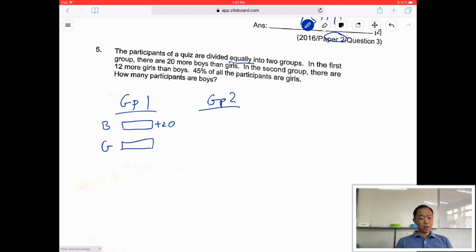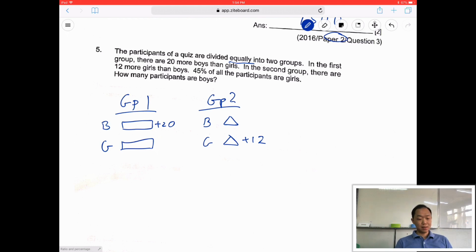Second group, there are 12 more girls than boys. So girls and boys, 12 more girls than boys. So let's use triangle. Boys is triangle. So girls is triangle plus 12. So 45% of all the participants are girls. What does this mean?